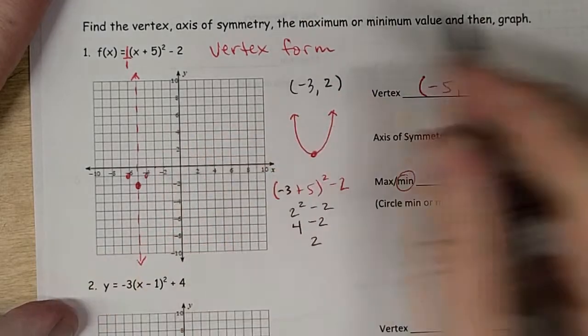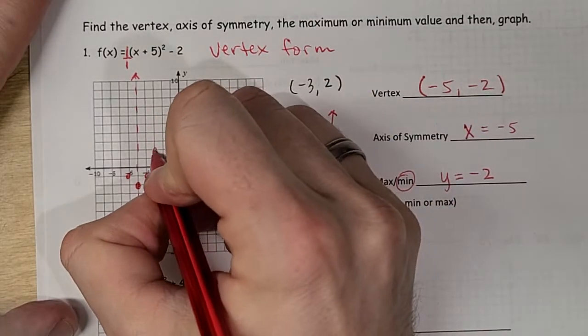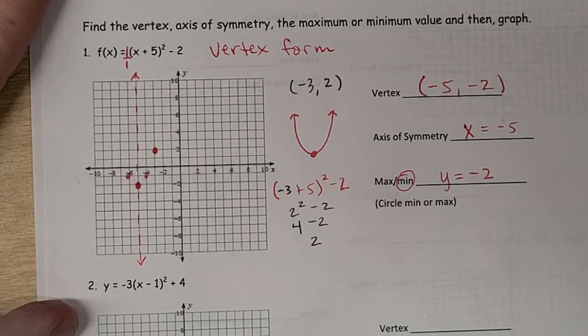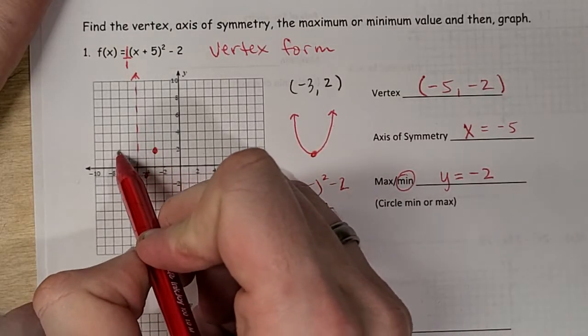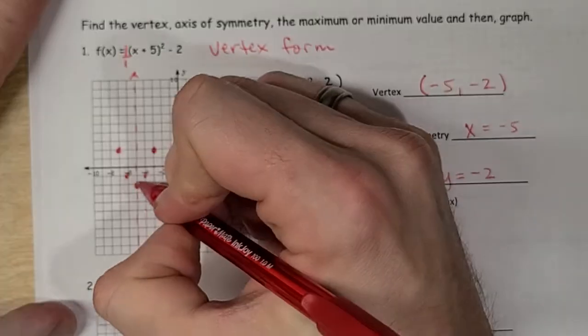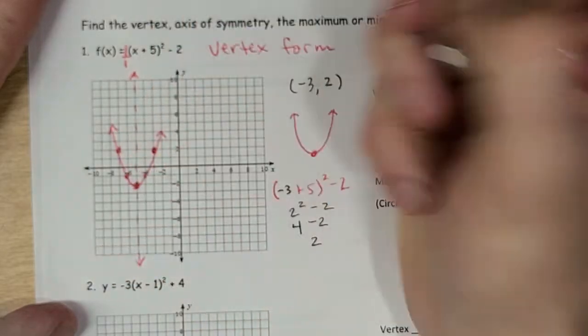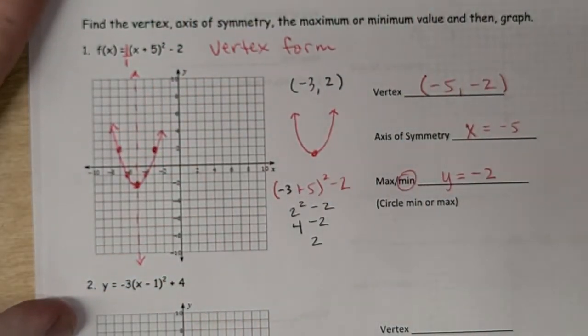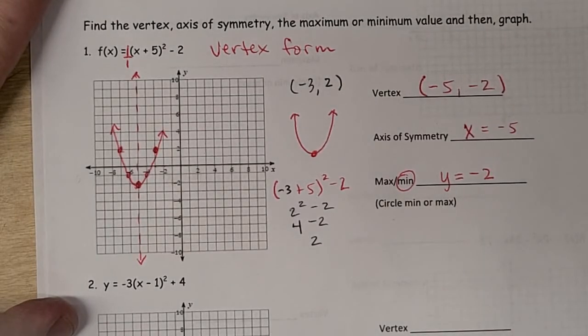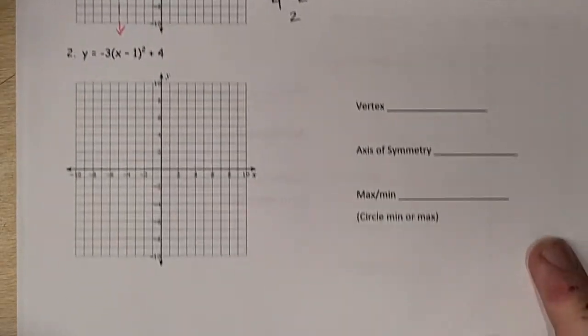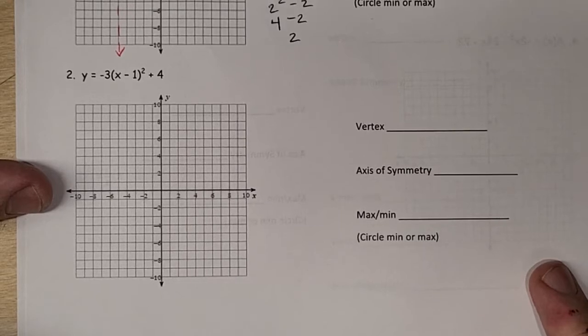So therefore, -3 comma 2 would be another point, and then I can mirror image that on the other side. 5 points is more than enough. We connect them, get parabola-ish, and then we're done. That's it.